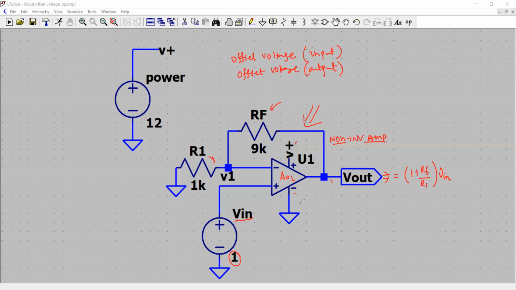That is your input signal. RF and R1 are set as given, therefore it is 9 over 1, and that comes out to be 10 times the V in. This is the V out. So if the V in is 1 volt, V out is going to be 10 plus 1, which is equal to 11 volt.